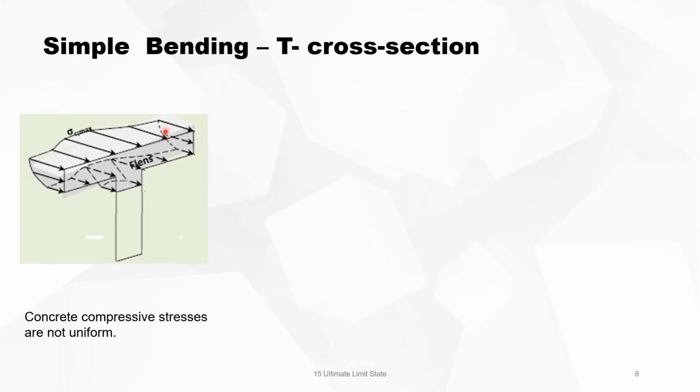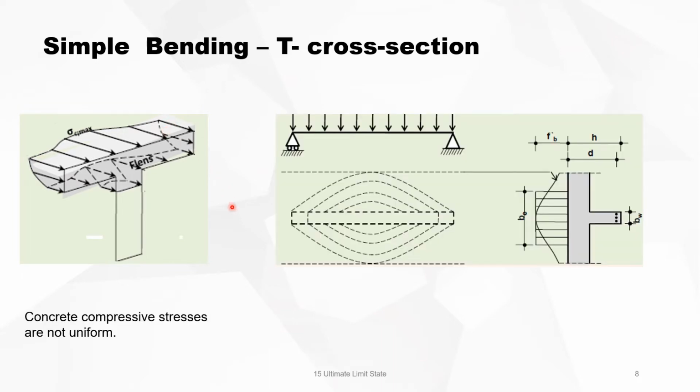So now you can assume, if this is again the beam and then this is the line, with these lines you see the equivalent compressive forces. If you take a certain width, we take the compressive force constant.